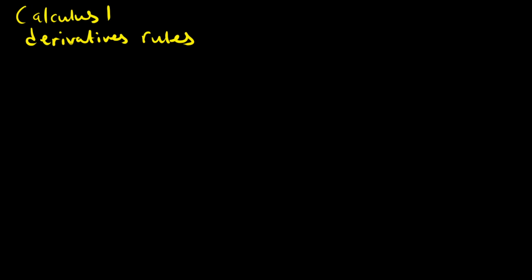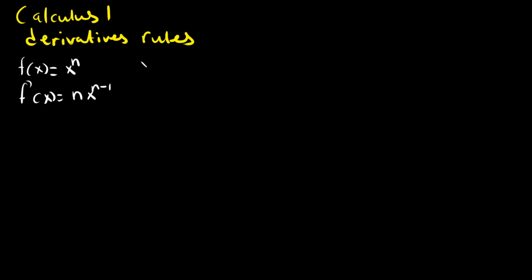So as a reminder, I'm going to put everything that we have done in the previous video here. If f of x equals x to the power of n, the derivative is n x to the power of n minus 1.